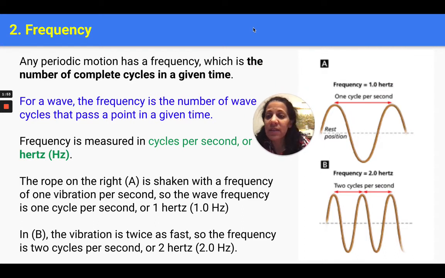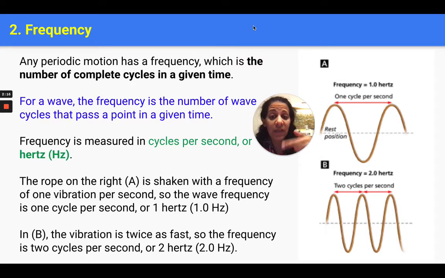Now, the second property that we're going to talk about is the frequency. How often does this periodic motion happen? How many cycles in a given amount of time? So per minute, how many cycles, or how many waves per second, and so on. That's called the frequency.